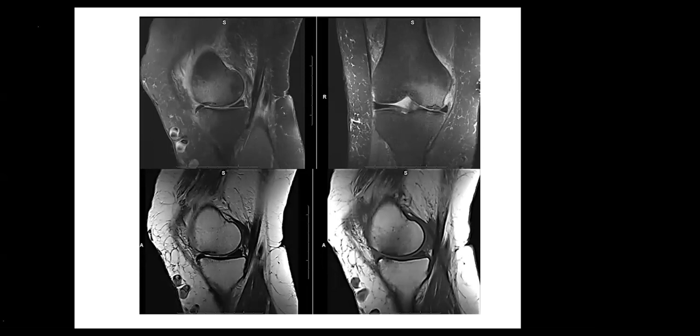Multiple sections of MRI, showing in the sagittal view abnormal signal intensity in the lower end of the femur and the proximal tibia, and also subchondral abnormal low signal intensity involving the medial aspect of the femur, surrounded by a peripheral low signal rim.